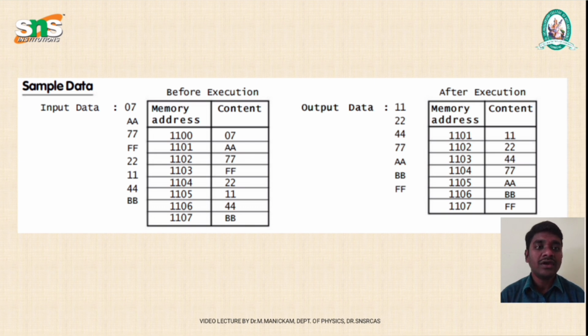Then after the execution we will get the output as 11 22 44 77 AA BB and FF. After step by step execution, we will get the output data in ascending order, from the smallest to the largest number.